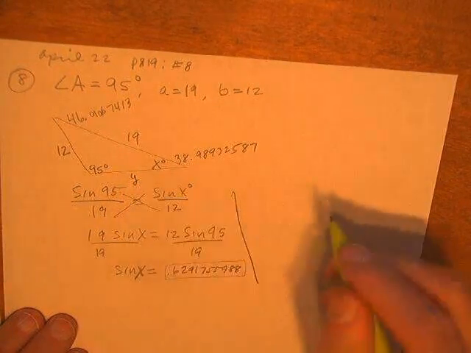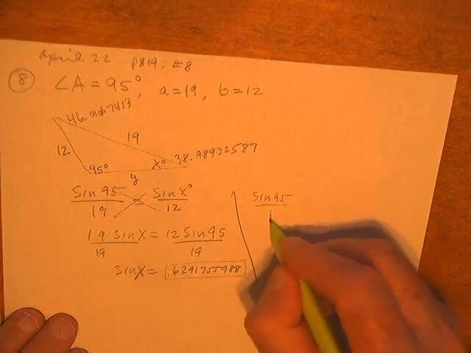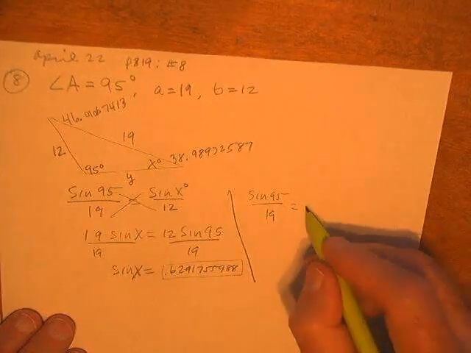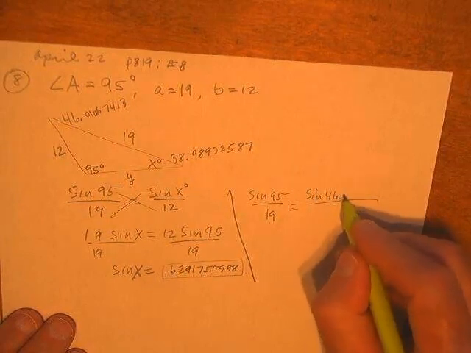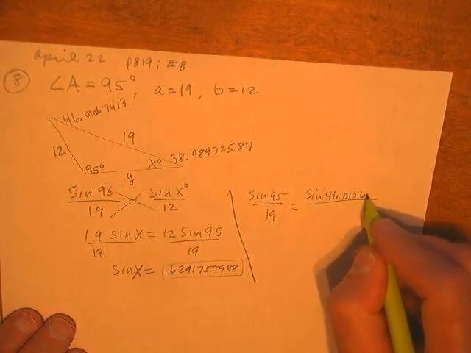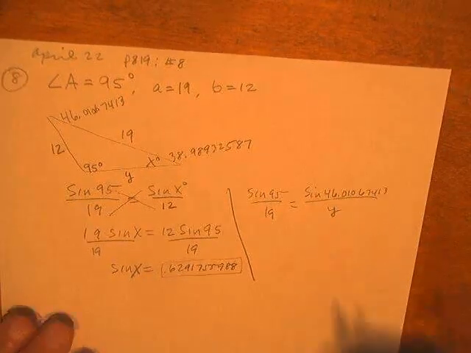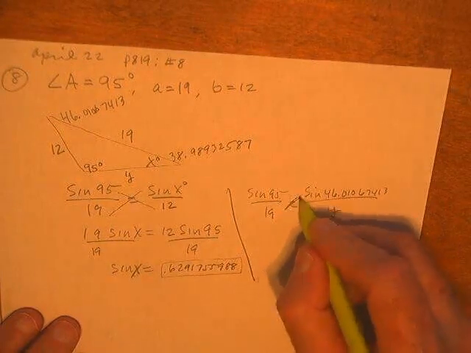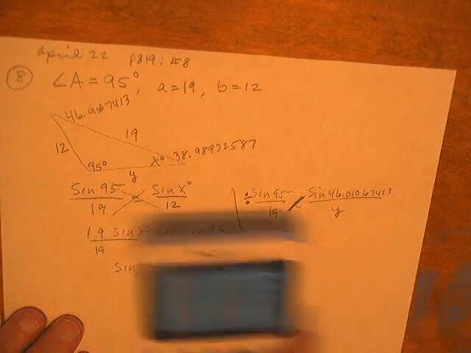We'll call that y. So let's do the sine of 95 over 19 equals the sine of 46.0106741 over y. Multiply those two, divide by this one.